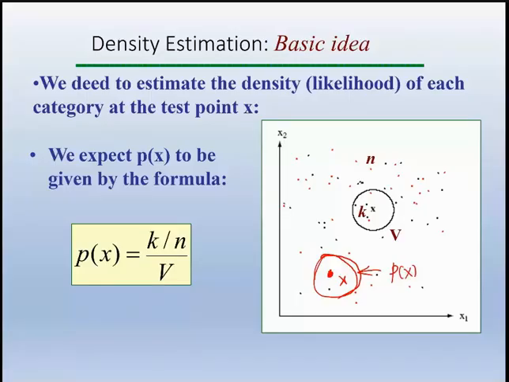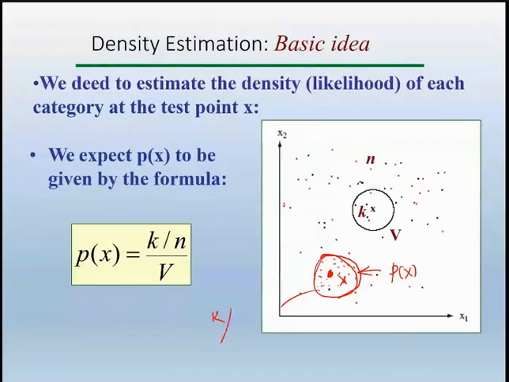So how do I do it? I take the number of samples in this small area, say there are k such samples out of a total number of n samples. So in my problem domain there are total n samples, out of which k samples fall into this small domain.